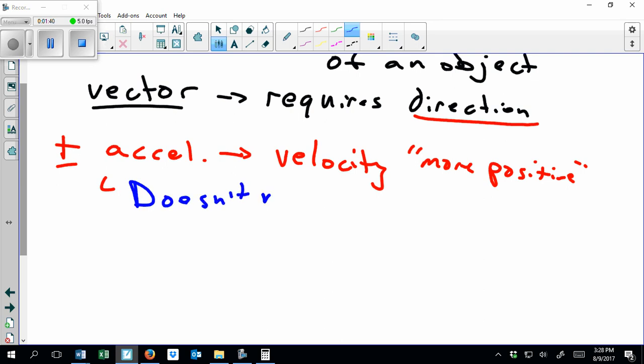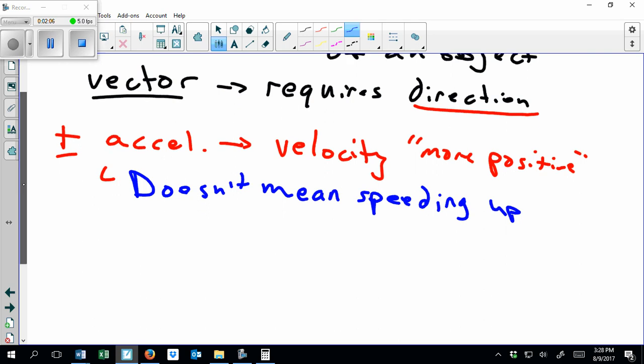It doesn't mean speeding up. It just means that the velocity is changing towards the positive direction. If you're already moving in the negative direction, you're going to start slowing down. You're going to get a change that is towards the positive, so it's kind of like it's pulling you back. It's changing that speed in the opposite direction that you're already going. So it does not necessarily mean that it is speeding up if it is a positive acceleration.